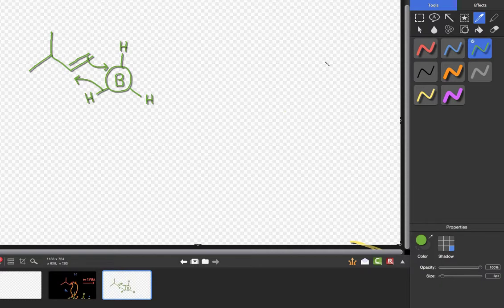In fact, if you look at the transition state, you have the formation of a 4-membered ring.